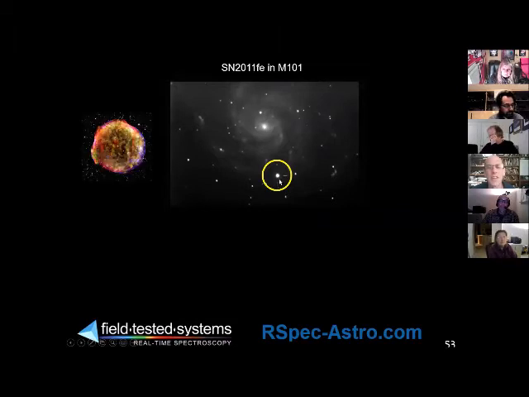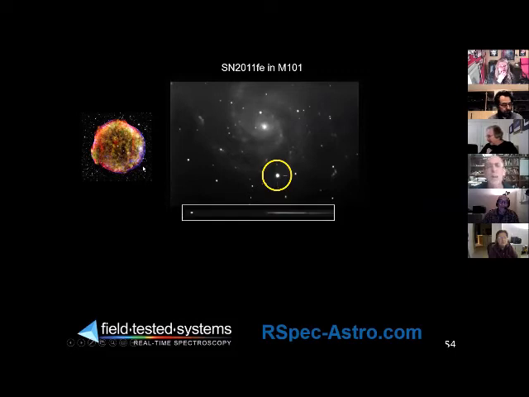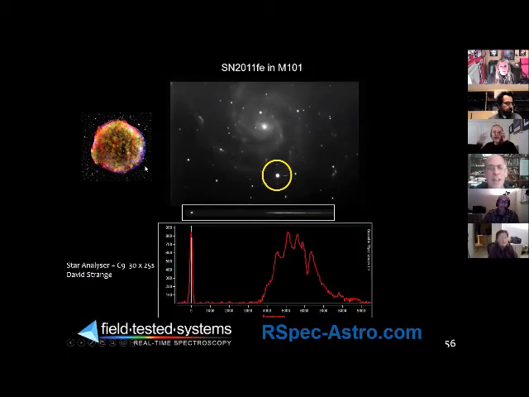There it is. There's a photograph of a different type 1a supernova that's in our galaxy, same type. You can see it looks like it has this spherical shell around it, doesn't it? So here's the spectrum that David Strange captured with less than 15 minutes of integration time with just a 9-inch Celestron and a Star Analyzer. And there's the spectrum. You can see a little tiny absorption there in the image, but very clear there in the graph.